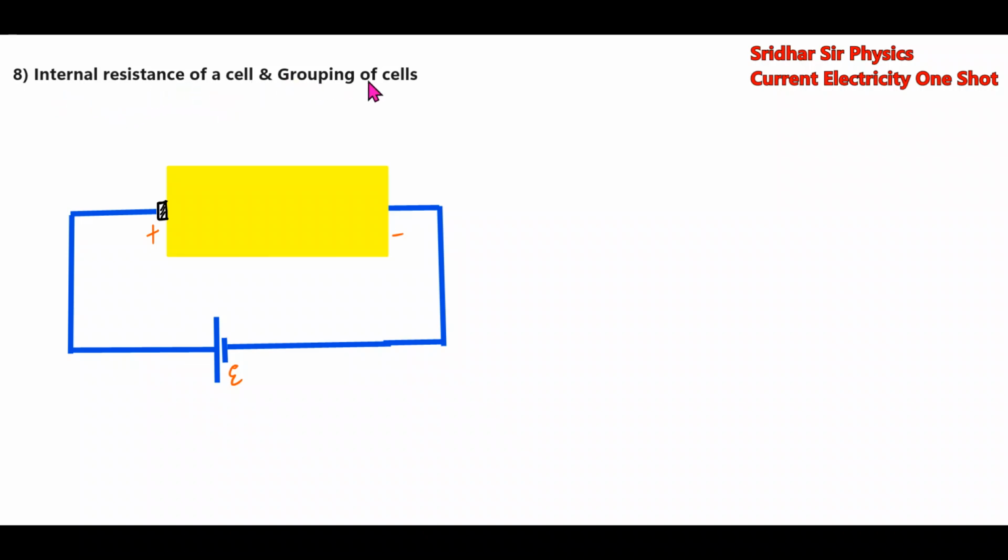Next we are going to discuss internal resistance of a cell and grouping of cells concept. So the charge here will flow like this.